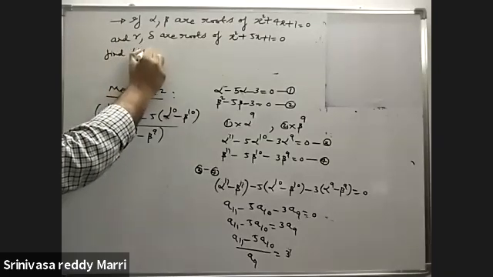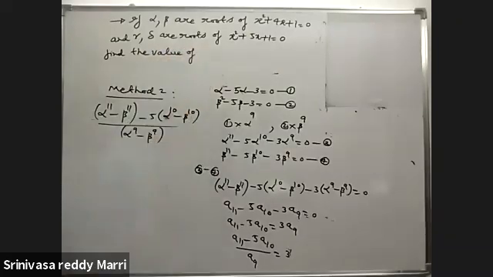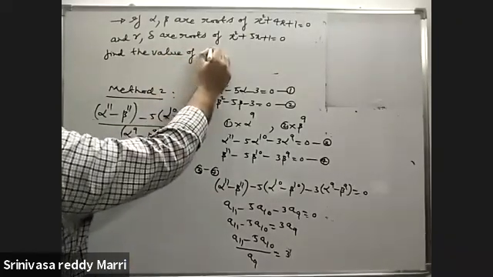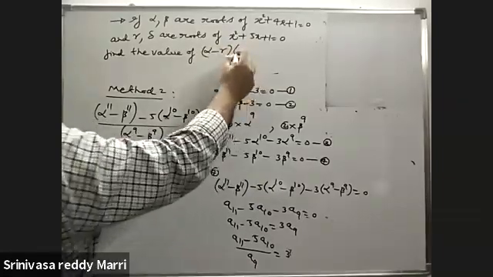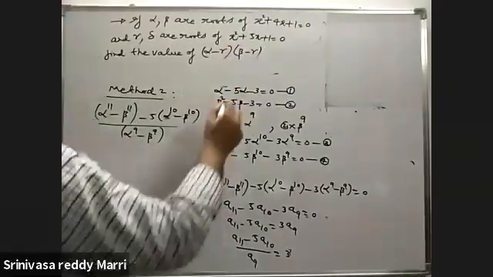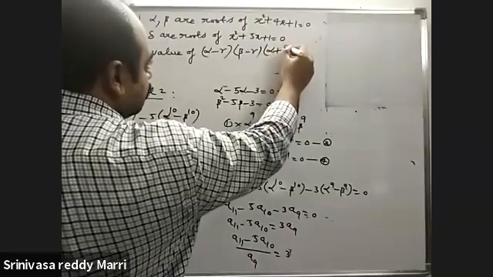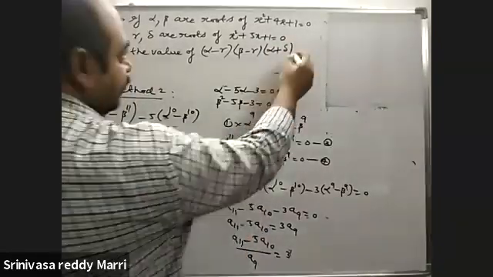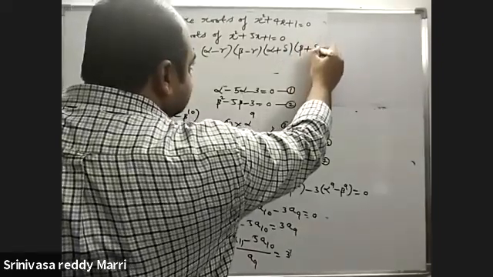Find the value of (alpha minus gamma) into (beta minus gamma), into (alpha plus delta) into (beta plus delta).